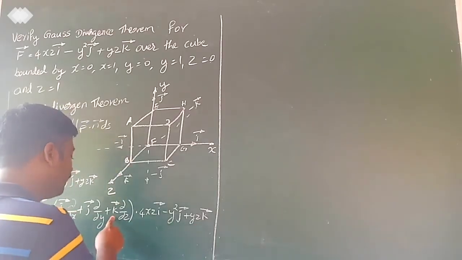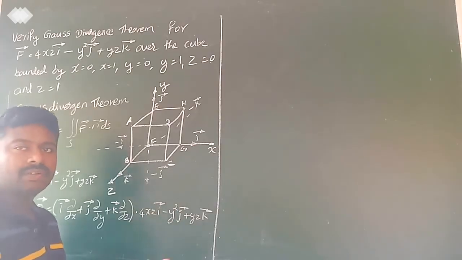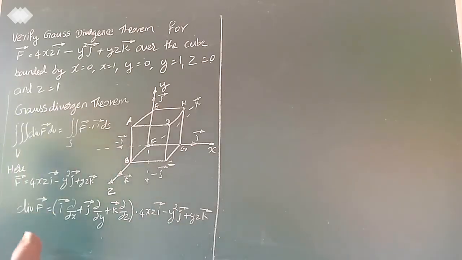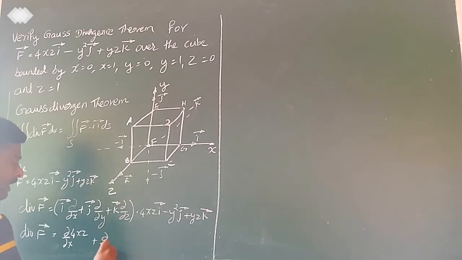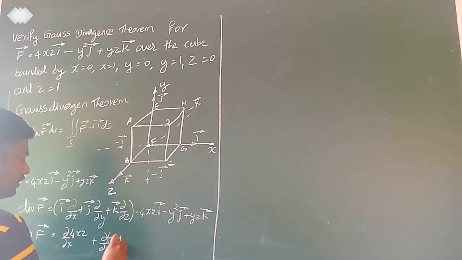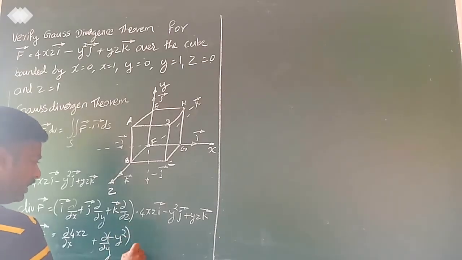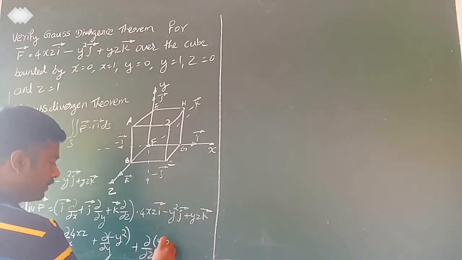Similarly, k vector dot k vector equal to 1, and k vector dot i vector, j vector equal to 0. So finally, divergence of f vector equal to dou by dou x of 4xz plus dou by dou y of minus y square plus dou by dou z of yz.